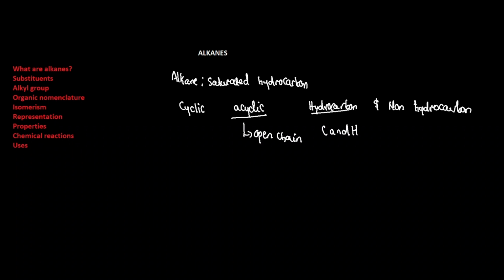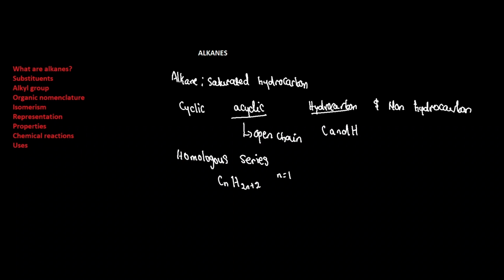Now, alkanes form a homologous series, and a homologous series is basically a family of organic compounds with the same general molecular formula. For alkanes, the general molecular formula is CnH2n+2.